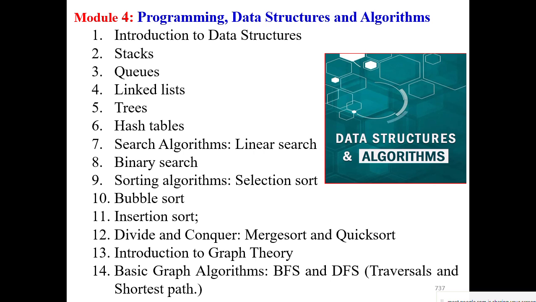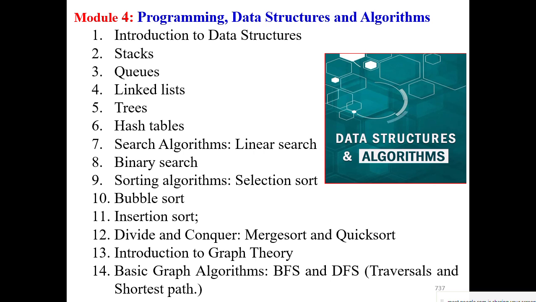Based on the searching element, if it is less than the middle element, you avoid the second portion. If it is greater, you leave the first half. So we reduce the time by half compared to linear search. That's why binary search is better than linear search.